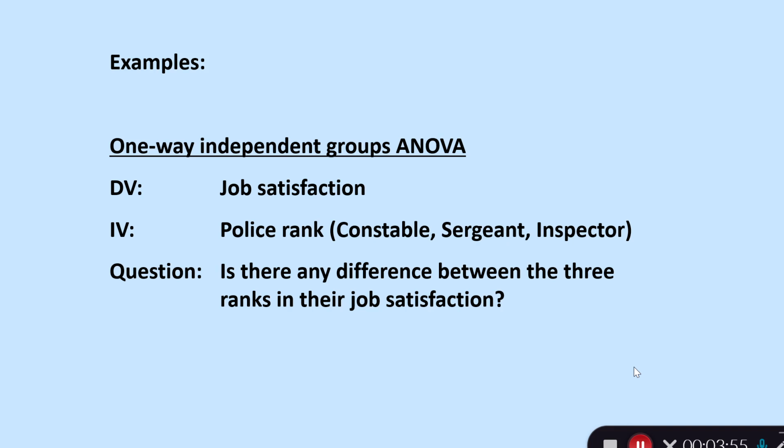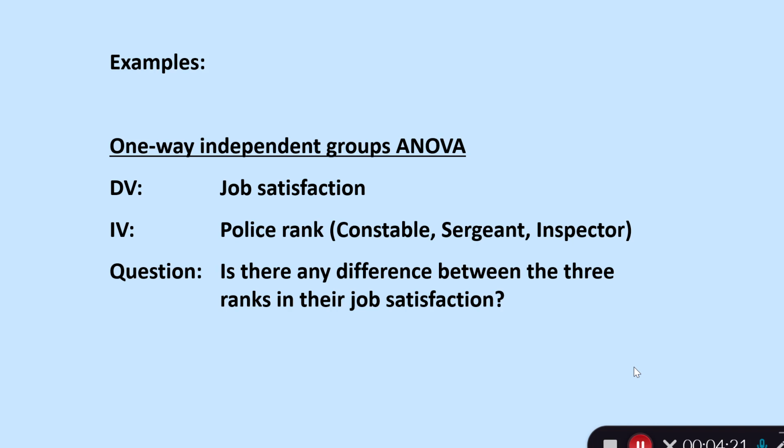Participants are either a constable, a sergeant or an inspector. Three different ranks, so three different levels of the independent variable. Then our dependent variable is some scale measure of their job satisfaction.